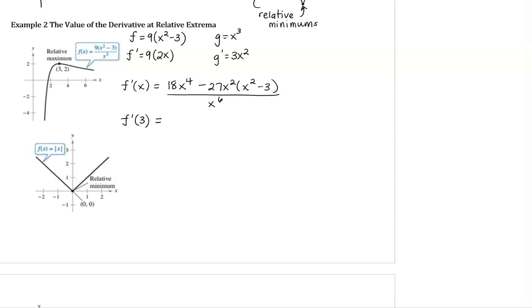Plugging 3 in for x comes out to give us 0 in the numerator. So in the first part of example 2, we saw that f prime was equal to 0 at the relative extrema.